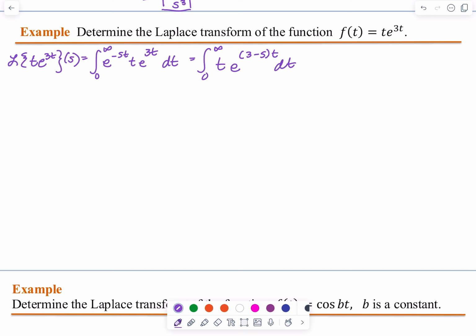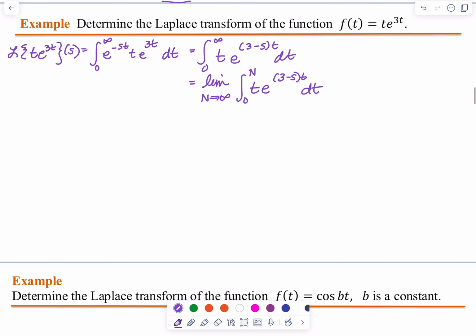And now, of course, we have our improper integral, so we will have that this is equal to the limit as n approaches infinity of the integral from 0 to n of t e to the 3 minus s multiplied by t dt.